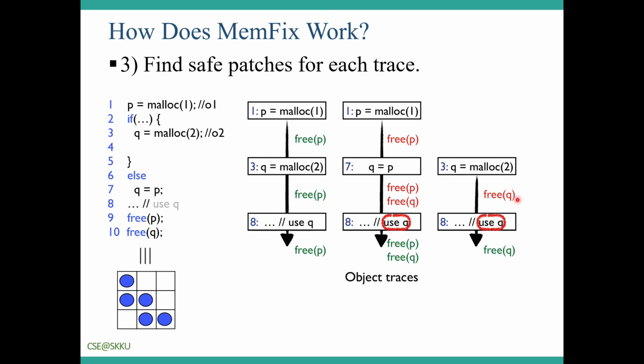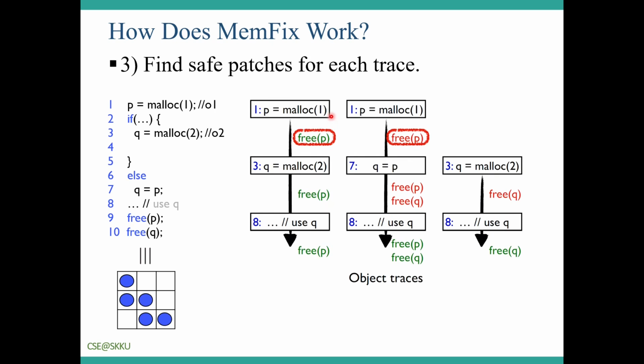These are considered unsafe because they deallocate the object P or Q too early, specifically before the object is used at line 8. This could result in a use after free, which we want to avoid. So by filtering out these early deallocations, we retain only the safe patches that preserve program correctness.